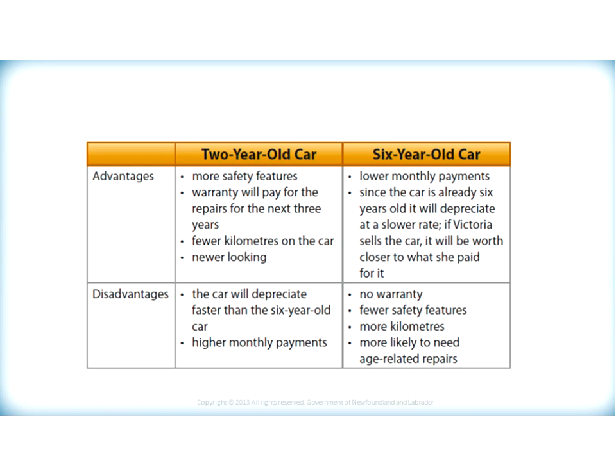There are fewer safety features. So there's more risk of damage, or if she were to get into an accident, her own safety might be at risk. It's because it's an older car, it has more kilometers on it, and as a car ages, it's going to need more and more maintenance and repairs.